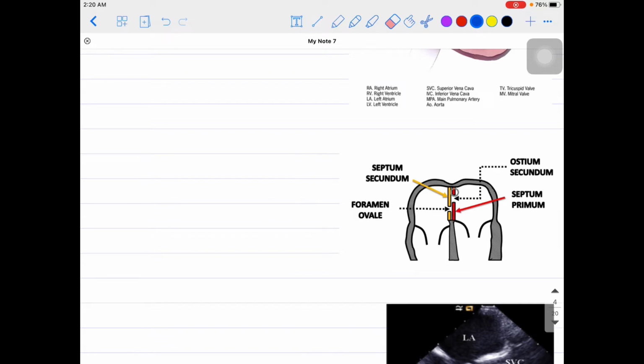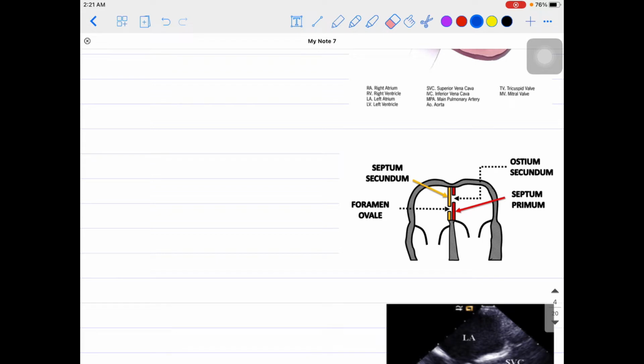This extension is called the septum primum. And the opening between the septum primum is called the ostium secundum.